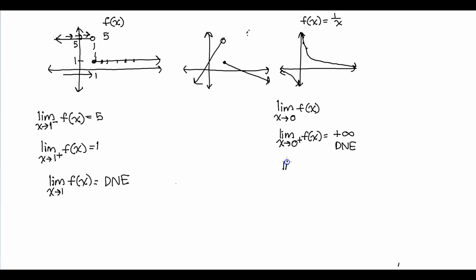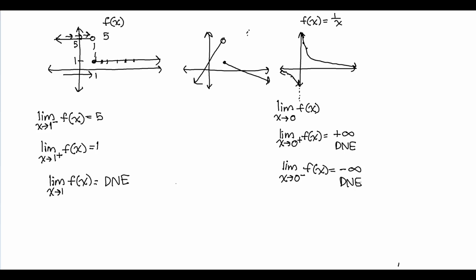Okay, and if we were to take the same limit from the left, it starts to approach negative infinity, because from the left it goes downward and downward since the x coordinates are negative. This one also does not exist because infinity is not actually a number.